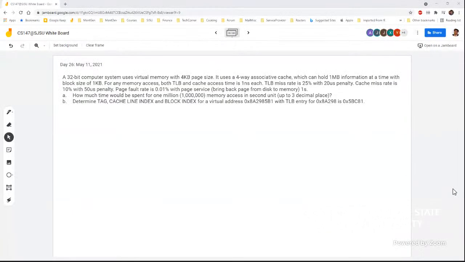So here in this problem, let's talk about this performance number or times. As usual, I would like to start with the ideal case, meaning there is no miss, nothing. So that means no miss, either TLB miss or cache miss, doesn't matter. It is 1 million multiplied by 2 nanoseconds.